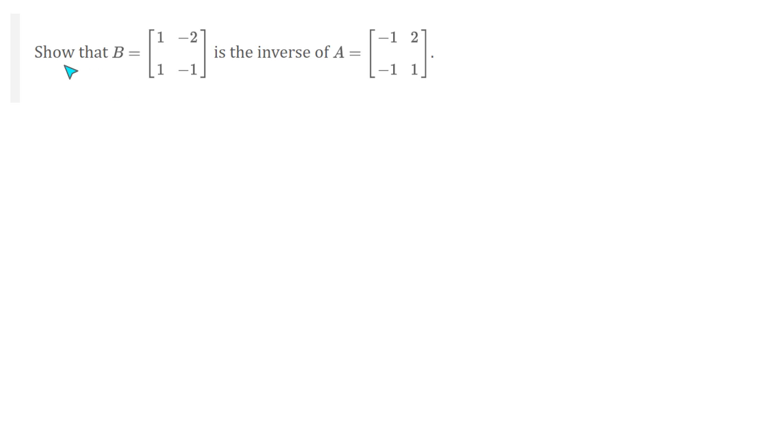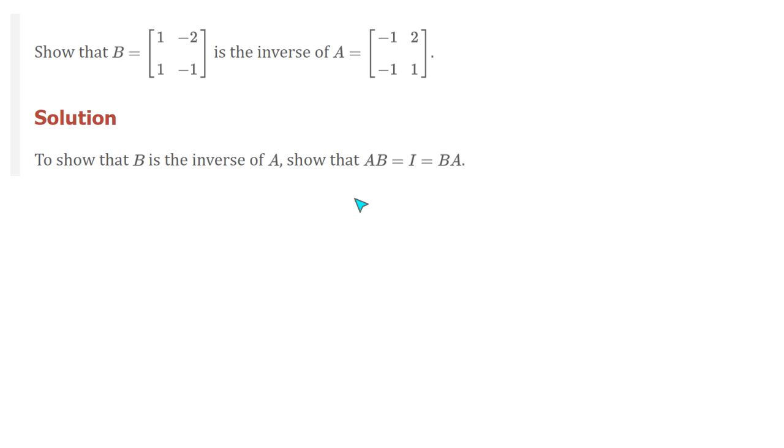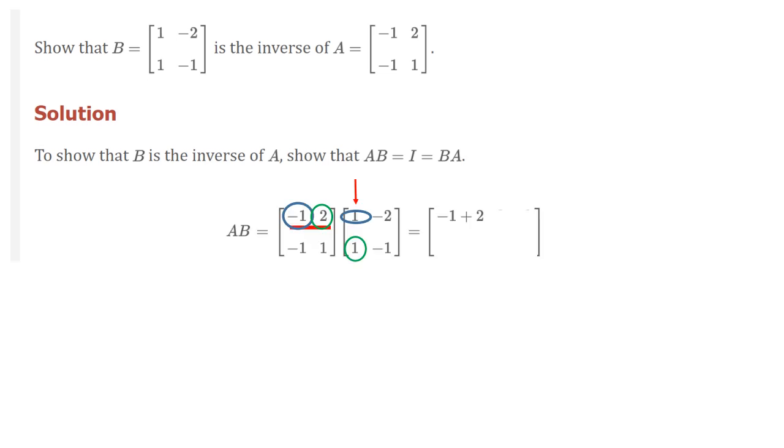Here it says show that B is the inverse of A. In order to figure out if they're inverses, we need to multiply A times B, and we need to multiply B times A. If we get the identity matrix, then they're inverses of each other. First we'll multiply A times B, and I have listed it here.